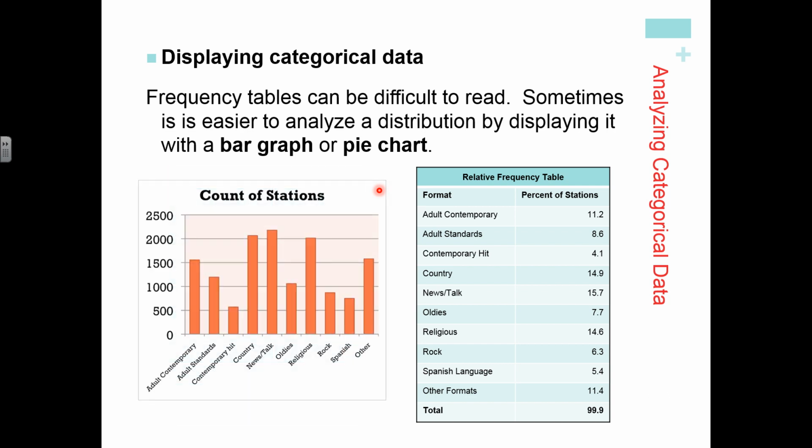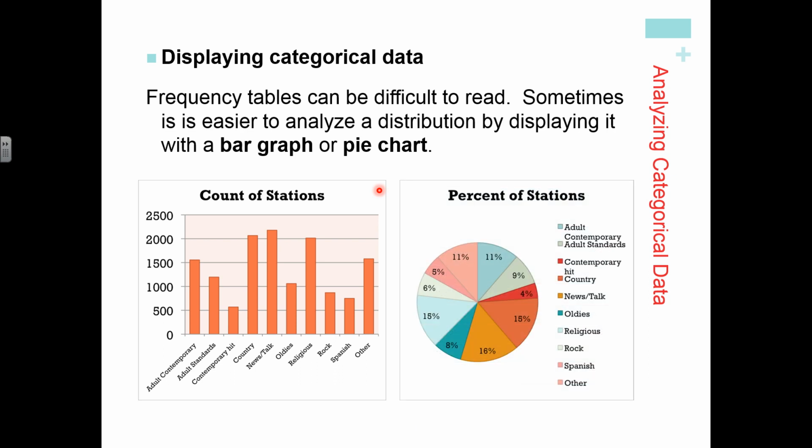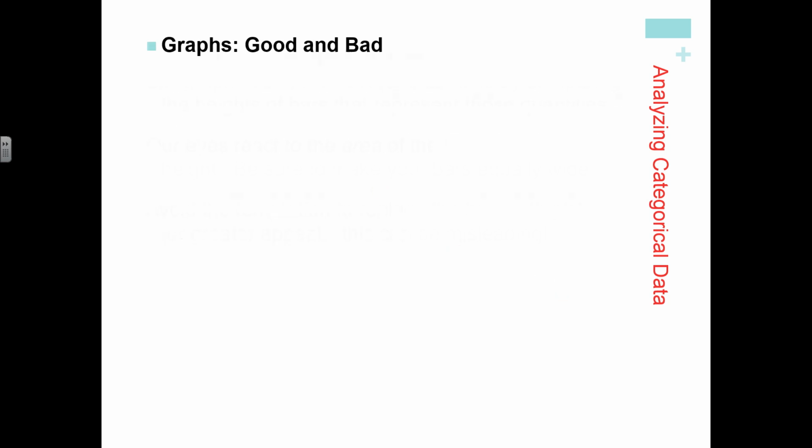We have bar graphs, which is shown here, or we can do a pie chart, which is shown to the right. Bar graphs are usually used for counts, although you can use percents as well. But your pie chart, you generally only see with percents. Now, truth be told, we rarely use pie charts because they're hard to draw. They're hard to accurately get a good drawing for those.